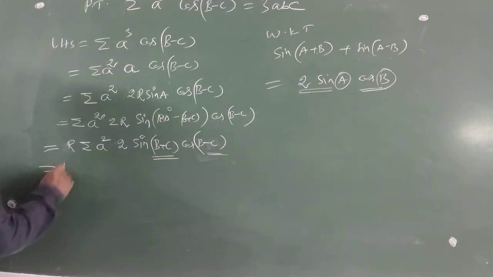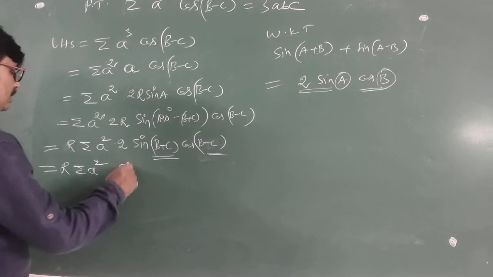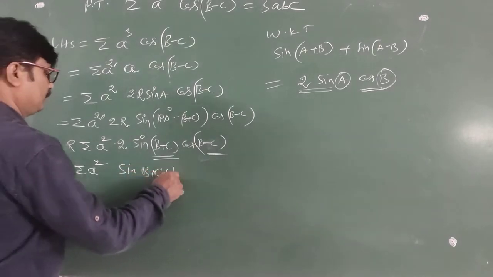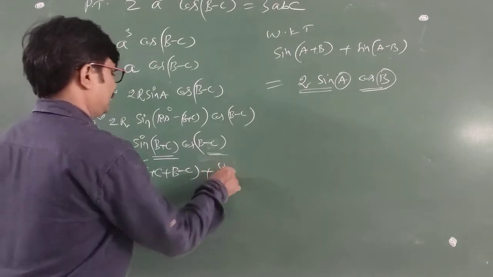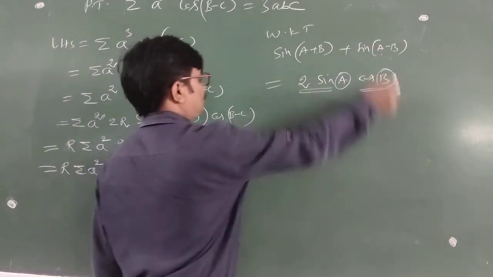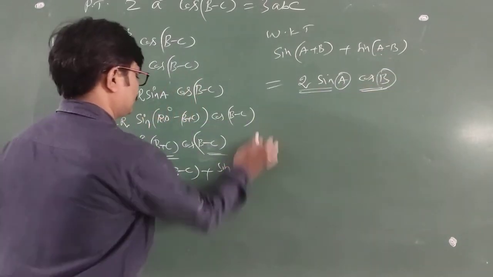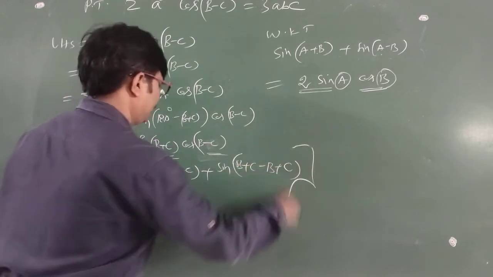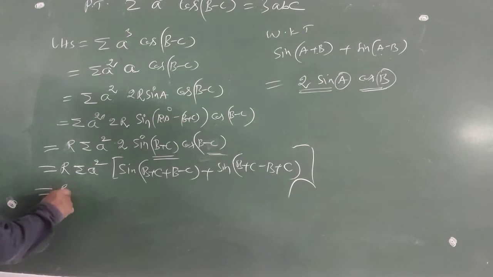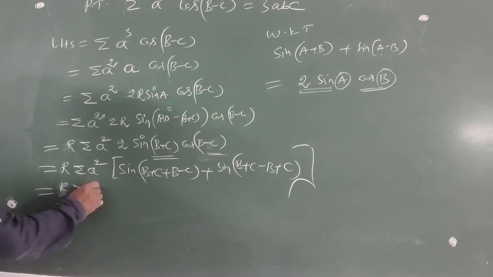So this is R into sigma a square. Now this is sin of (B plus C plus B minus C) plus sin of (B plus C minus B plus C). Now this is R into sigma a square.